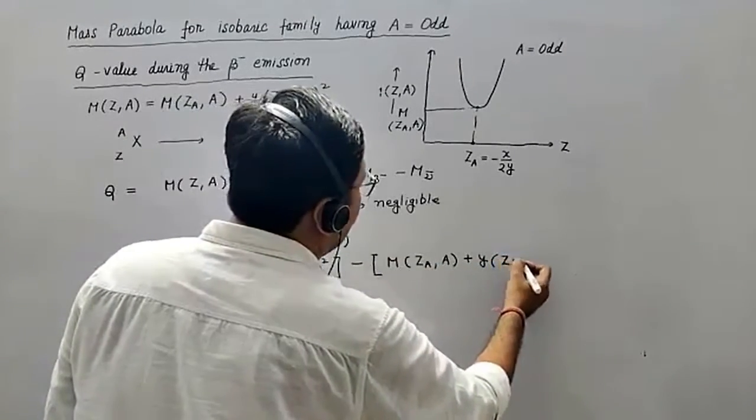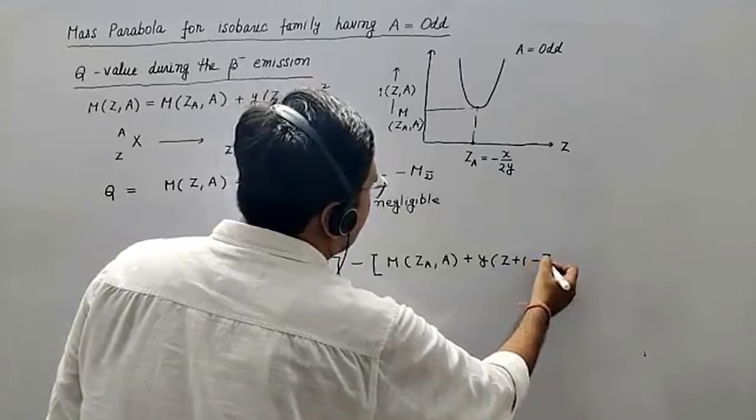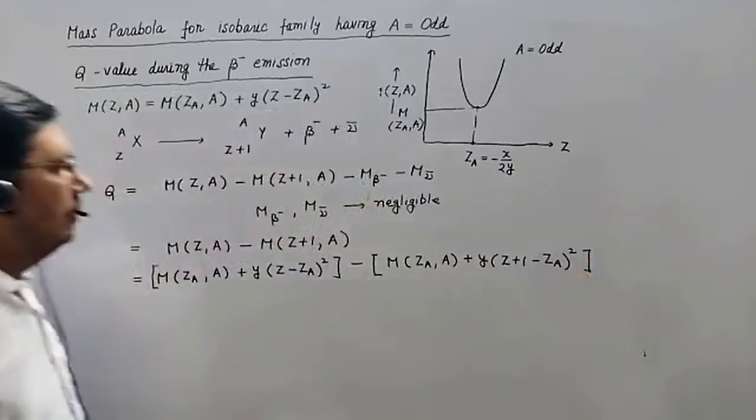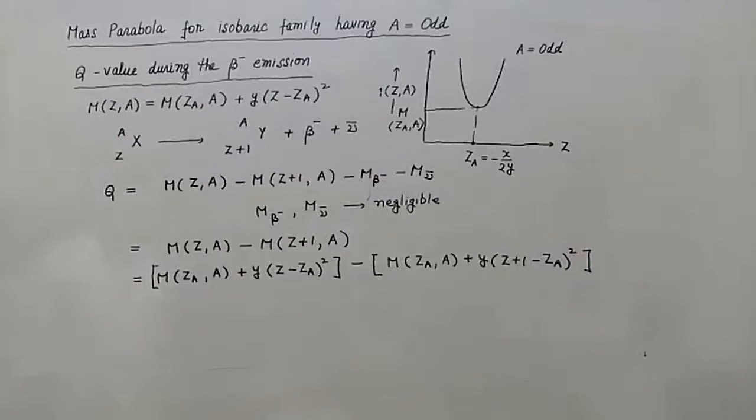So this will become (Z plus 1 minus ZA) whole square. This will be the formula.